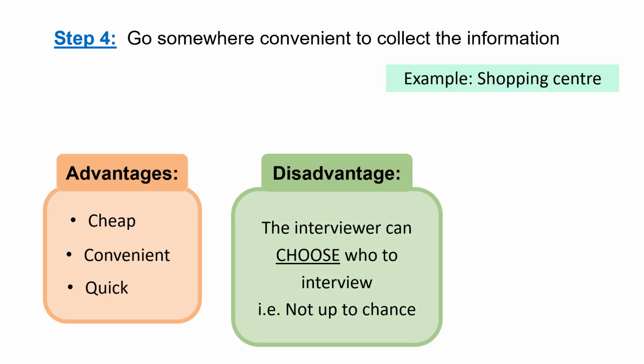An interviewer might feel that someone is approachable and someone else is not, and therefore the method is not up to chance, or not random, since it depends on how the interviewer feels. Therefore, the results could be biased based on who the interviewer decided to interview and who not to interview.